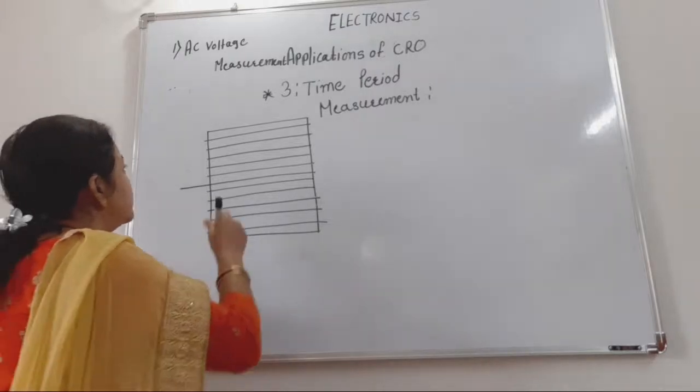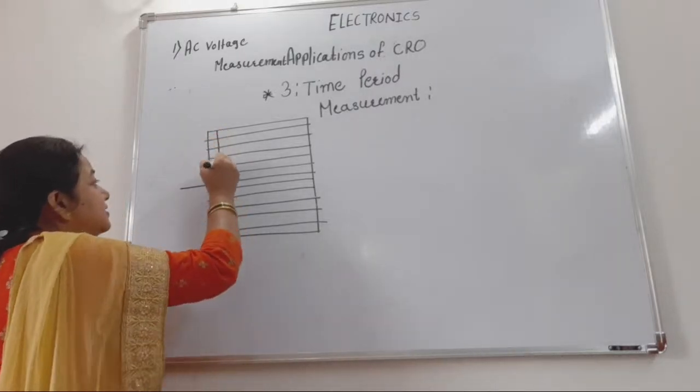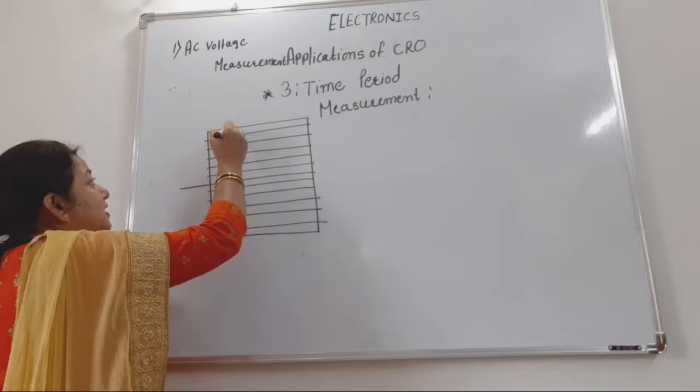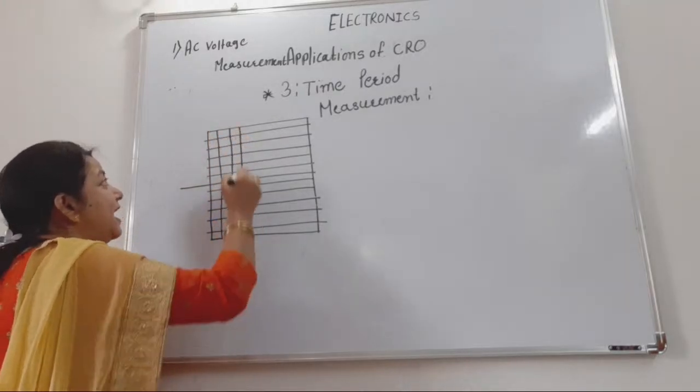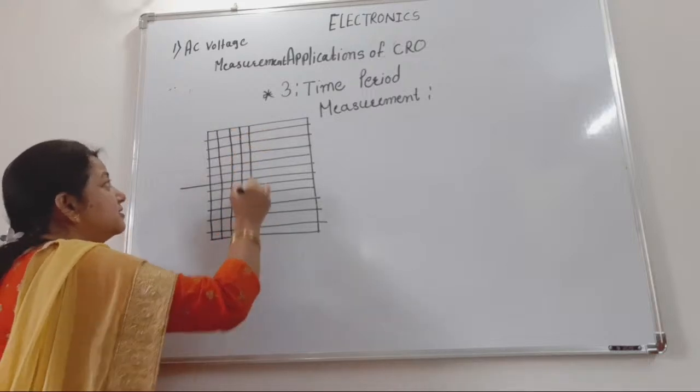Vertical lines are also there. Imagine all these lines are equidistant.